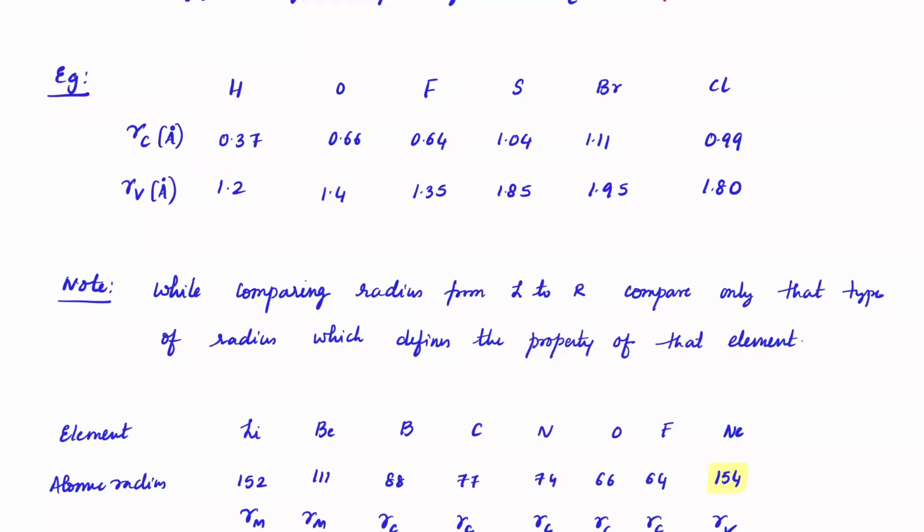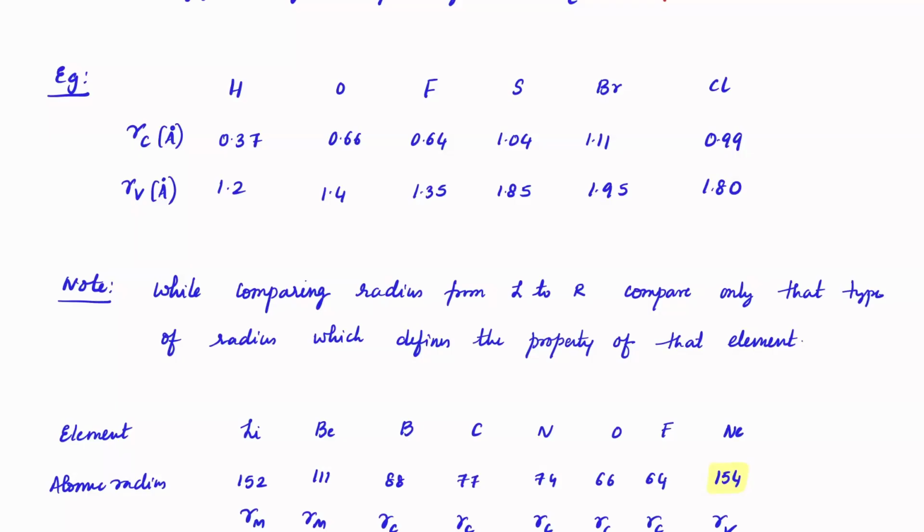Because most hydrogen atoms exist in covalent forms, whether in H2, HCl, HF, H2SO4, HCN, or any hydrocarbon like C2H4. Everywhere hydrogen has mainly covalent radius. So the most frequent form of radius for hydrogen is covalent radius, and that's the one you will use when comparing with other elements.